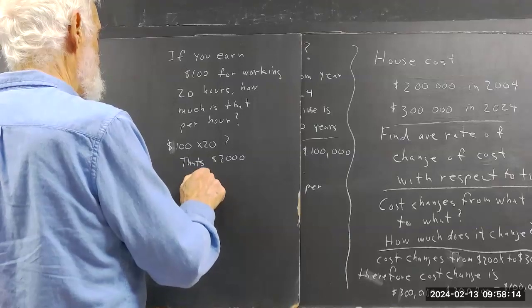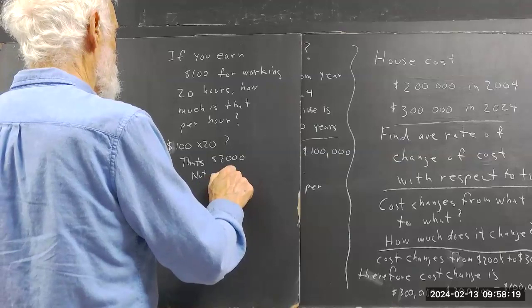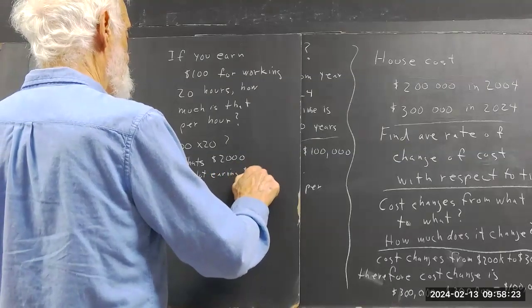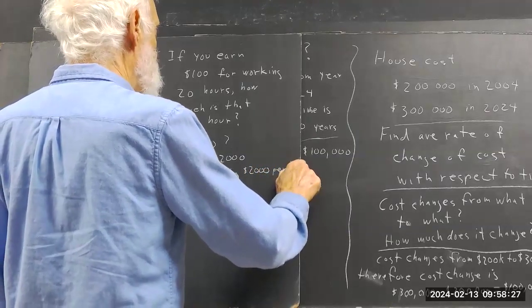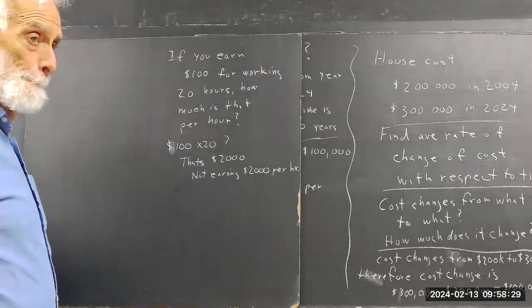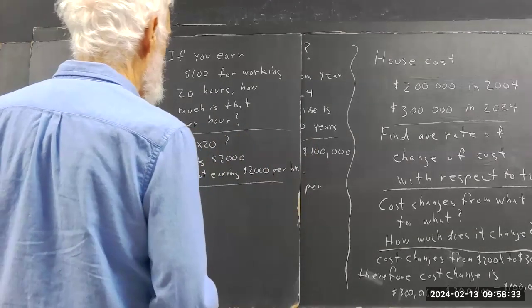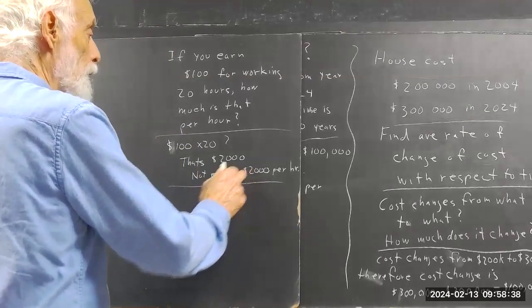And you're not earning $2,000 per hour. Okay. Well, this isn't right. You'd make $2,000 per hour in 10 hours.